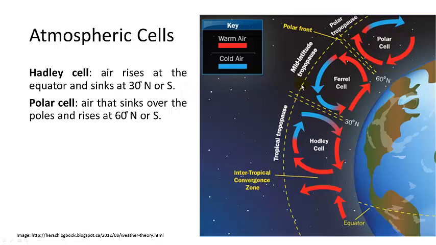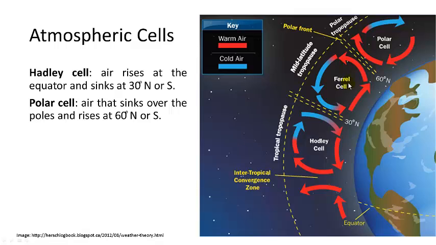The polar cell occurs in the northern part and the southern part of the Earth, at the poles, in other words, or near the poles, and it's associated really with intense cooling that takes place in the most northerly and southerly parts of the Earth, and that produces a descent, and then we produce a relative warming that takes place.